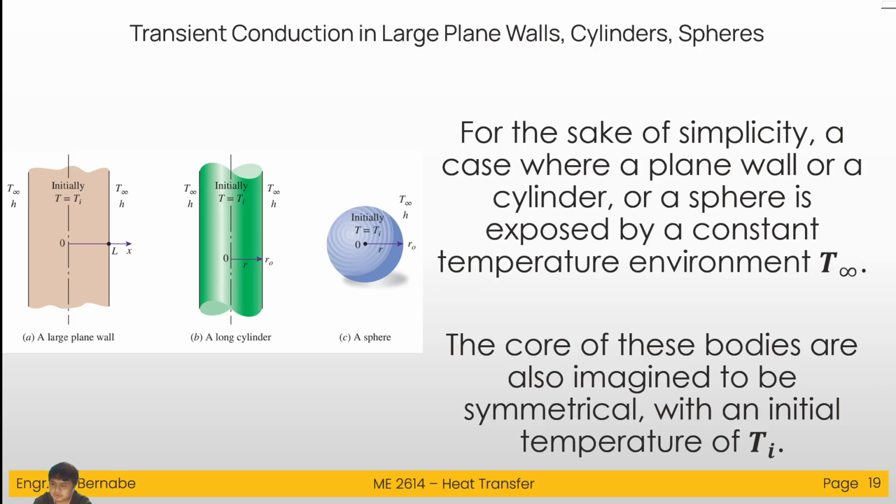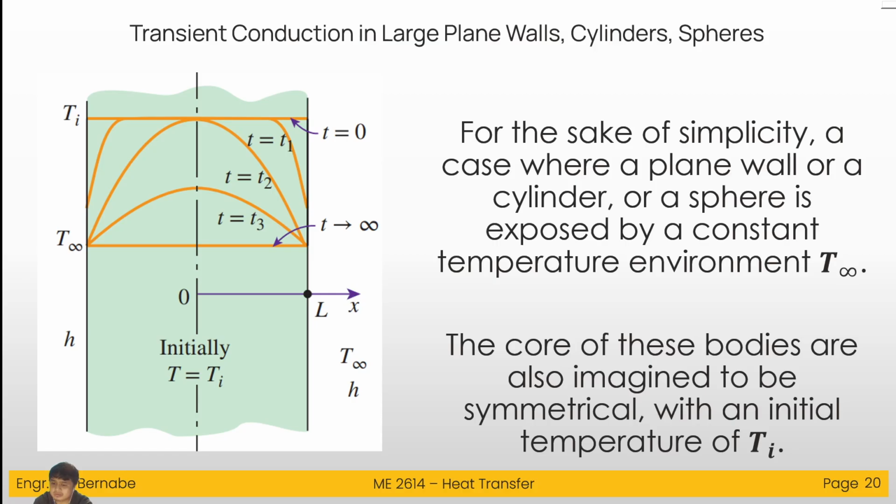Okay, so with this assumption, we can at most simplify this, but simplifying is an understatement to how complicated it is to solve this problem using differential equations. Now, as you can imagine, the initial temperature is at this point.